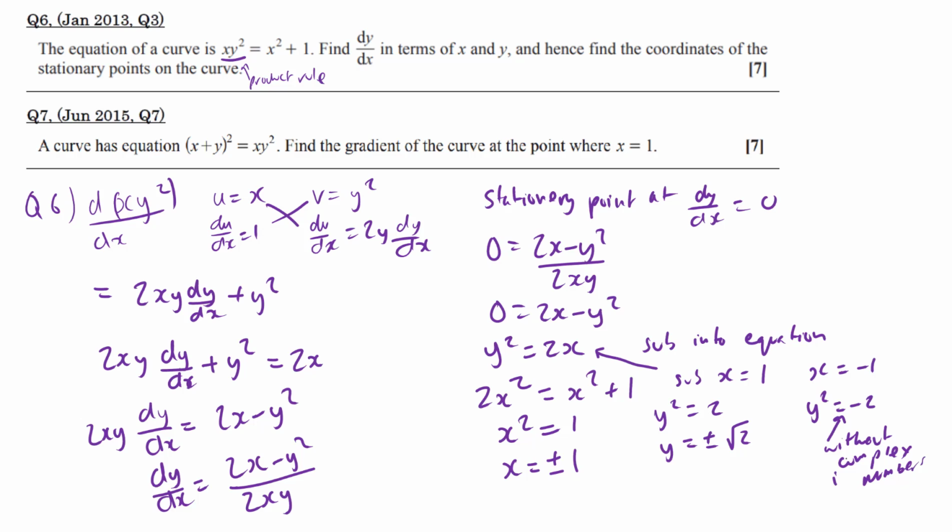So we cannot include x equals minus 1 as a solution. It's actually x equals 1. So when x equals 1, you get the two coordinates of 1, root 2, and minus 1, minus root 2.